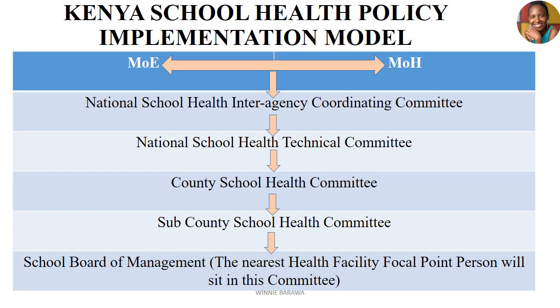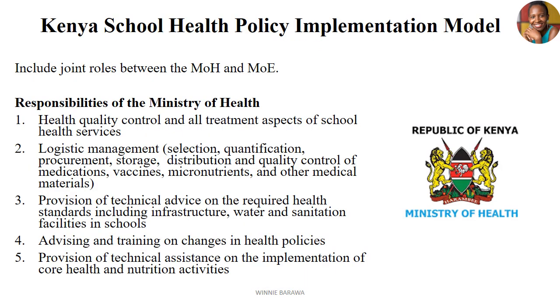In the School Board of Management, when it comes to school health, there is need to incorporate the nearest health facility, whereby the facility in charge can sit in this Board of Management to assist with advice and guidance on school health, understanding the different roles and responsibilities of the chain of implementation that we have highlighted just before.